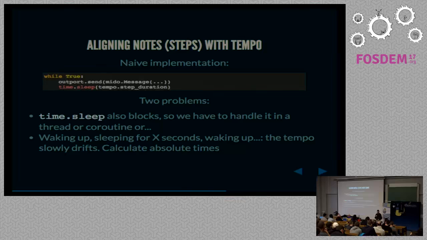And the fact of waking up, sleeping for X seconds, and waking up again doesn't take into account the time needed to wake up. So if we just do that, the tempo slowly drifts.